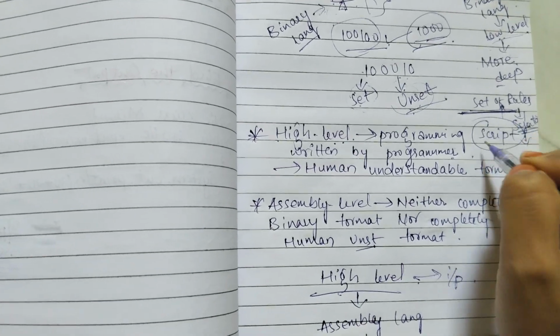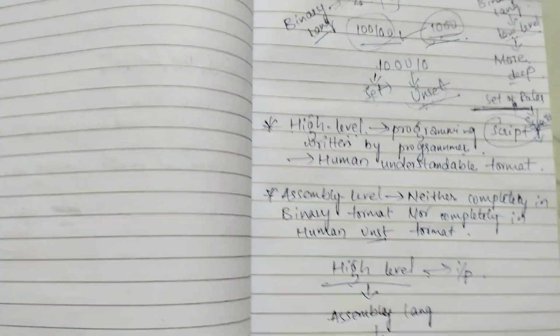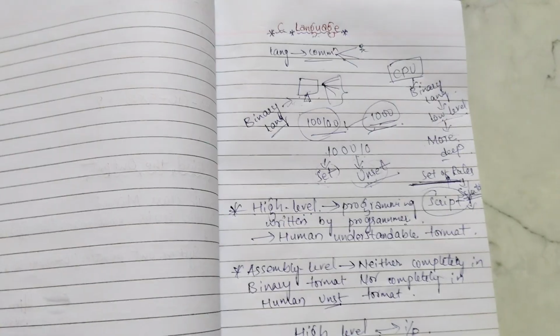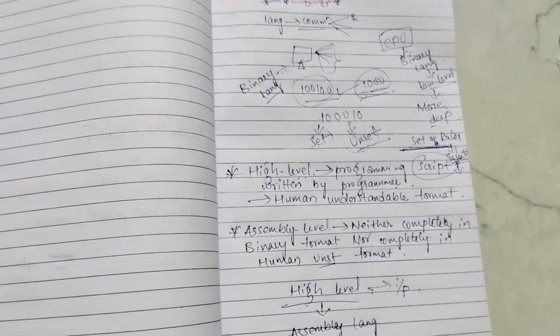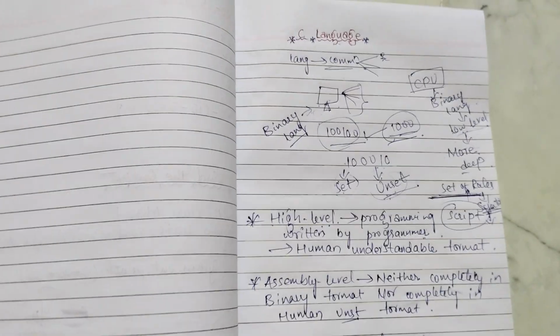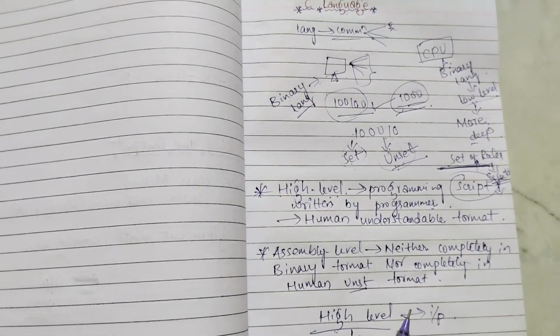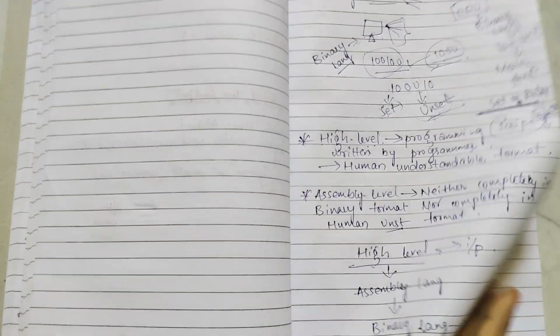That is in the high level language. Clear? This is the very basics of any programming language. If you understood this much easily, we can proceed. If you are not clear with this, listen once again, understand it and continue this video.